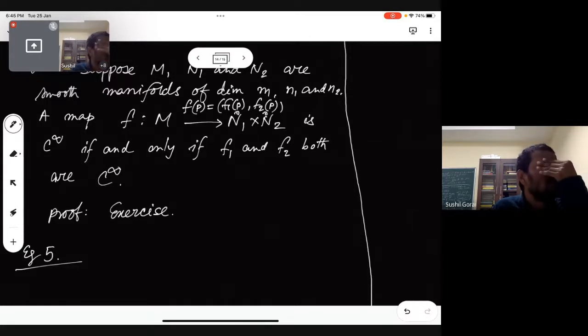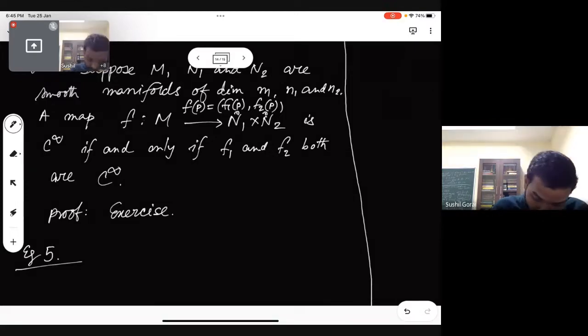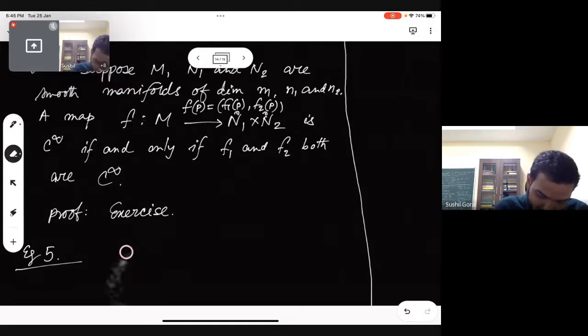This is very simple. This is actually a restriction map.